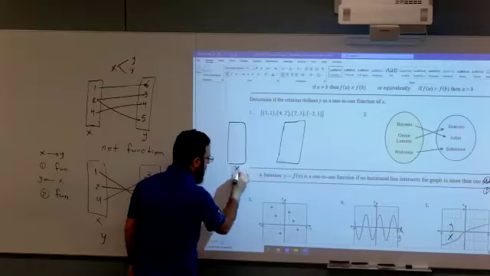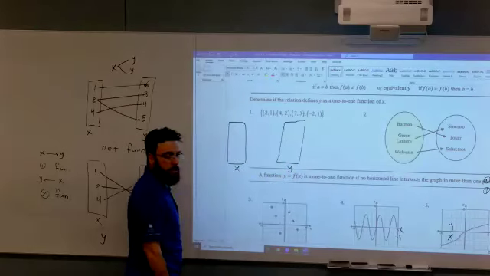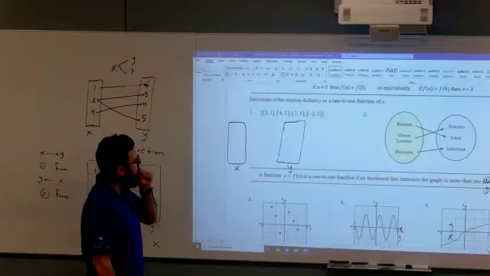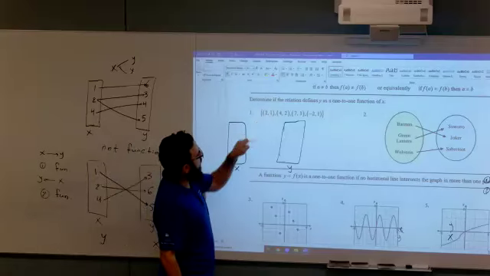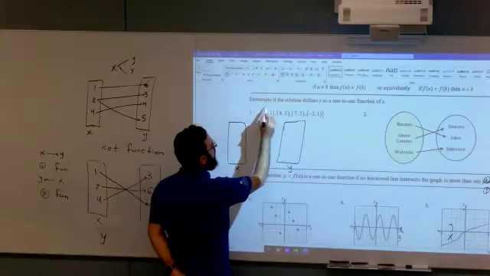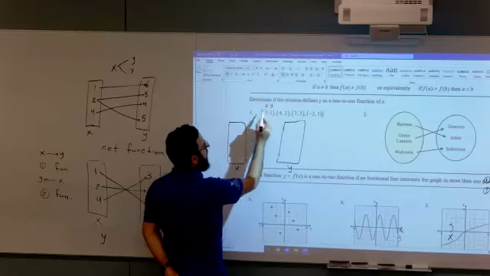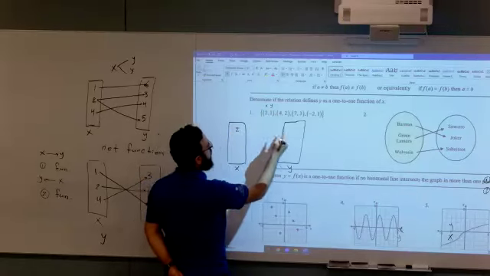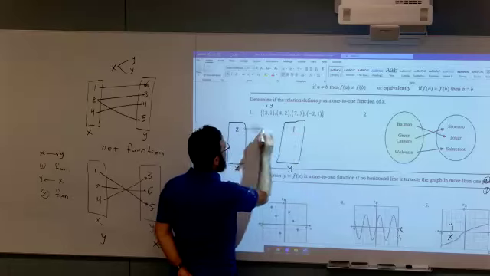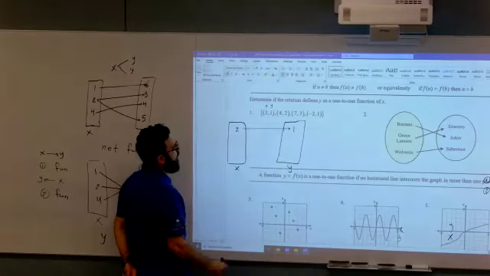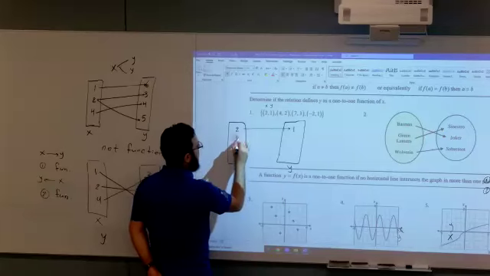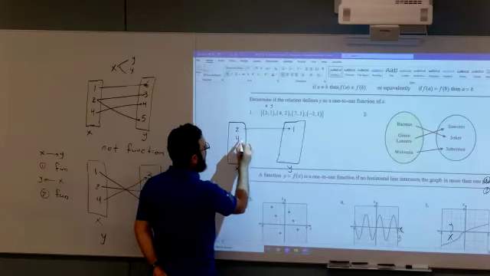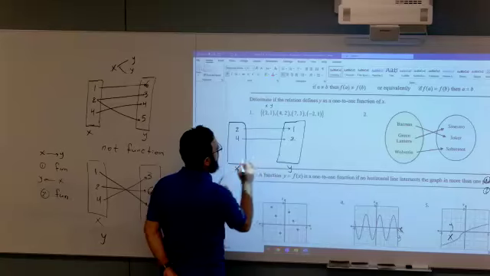I'm going to consider this is X and this one is Y. Now 2 goes where? Be careful. Each point here is X, Y. Number 2, the X, goes to Y, which is 1. Number 4 is X, goes to 2.